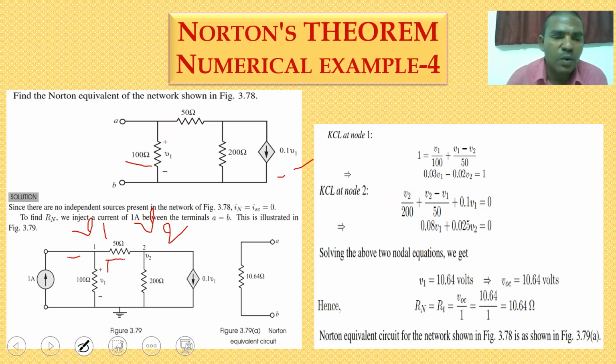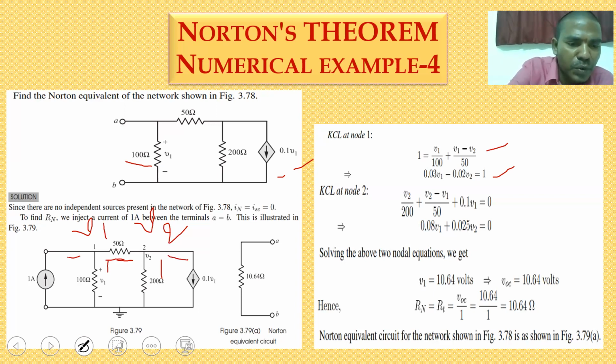So 1 is equal to V1 by 100 plus (V1 minus V2) by 50. That is your first node equation. By simplification, 0.03 V1 minus 0.02 V2 is equal to 1. Then coming to the second node, here also three currents are there.